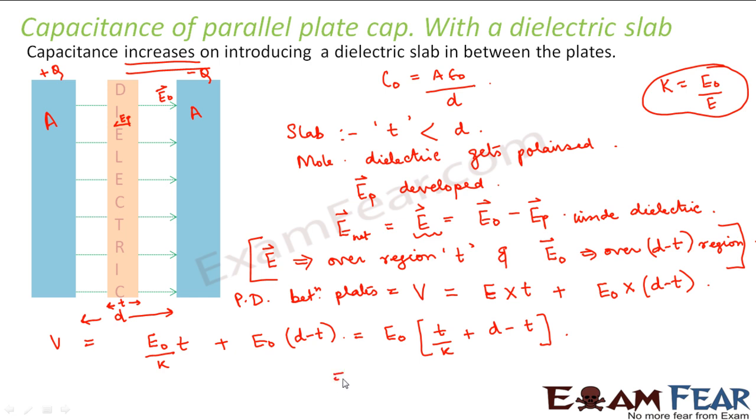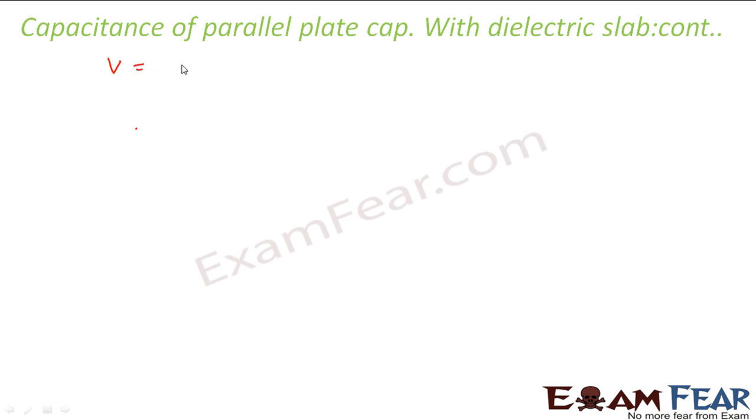Again, what is E0? This electric field is nothing but sigma by epsilon naught, where sigma is the surface charge density on the plate of the capacitor. So the potential difference between the plates becomes sigma divided by epsilon naught into D minus T plus T by K. And what is sigma?